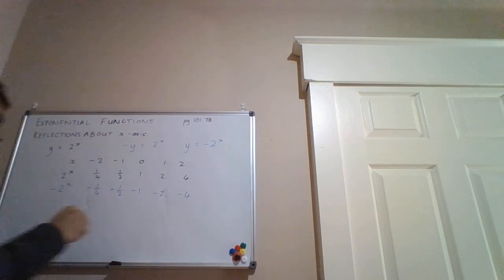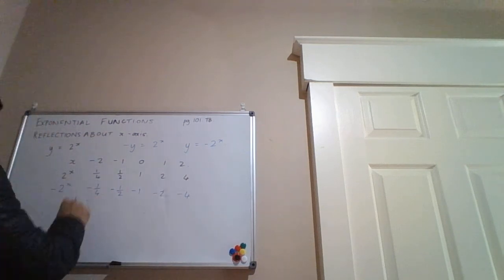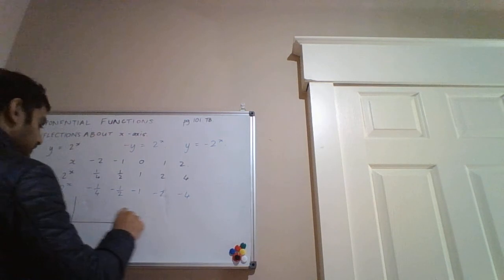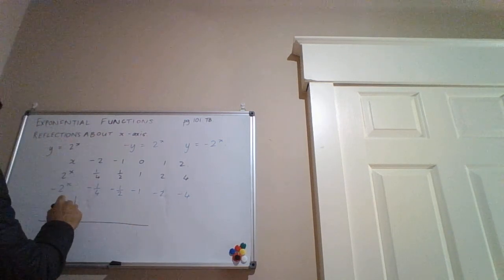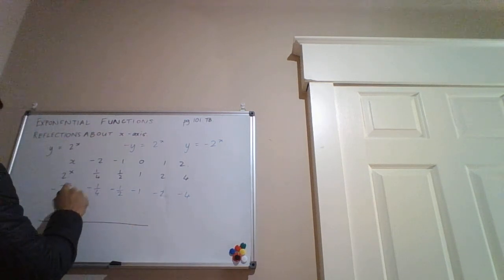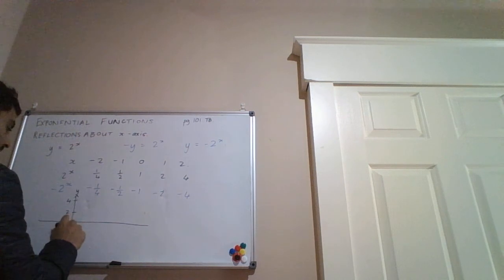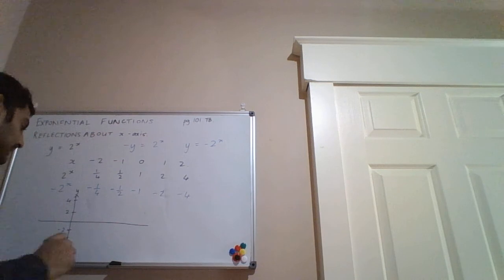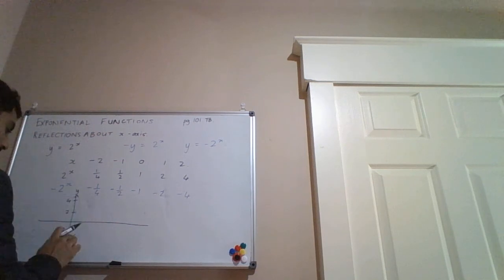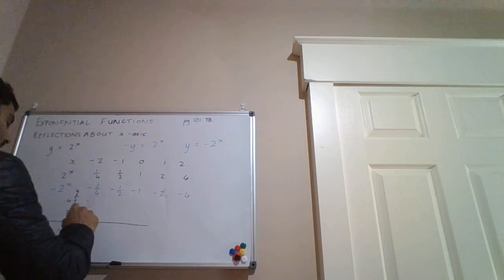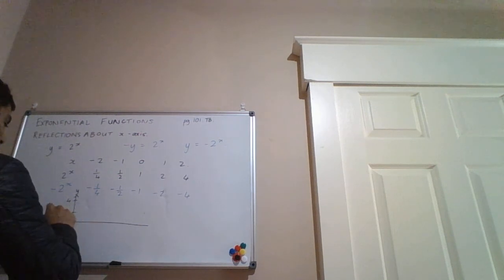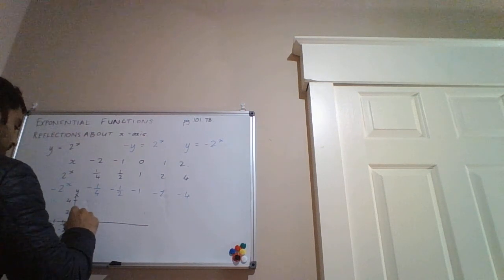Okay, now if we plot, you're going to go 2, 4, minus 2, minus 4 for our y-axis. Let me just neaten this a little. And our x values, minus 2, minus 1, 0, 1, 2.